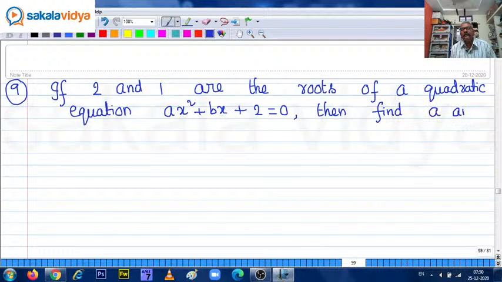That means find the values of a and b. This is the question. Any of you, can you solve this problem?